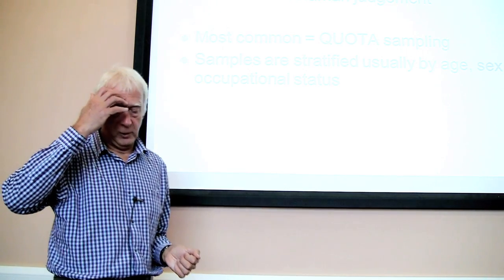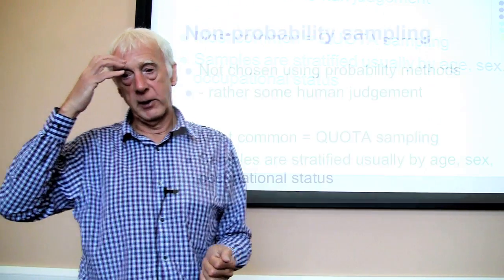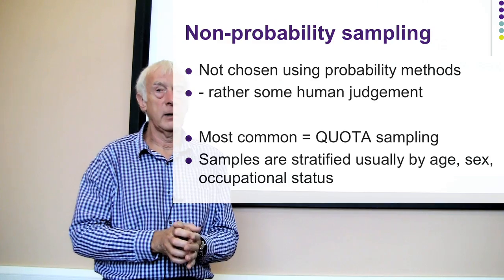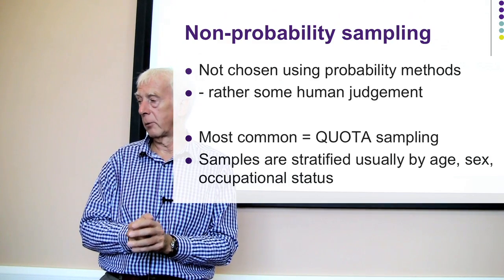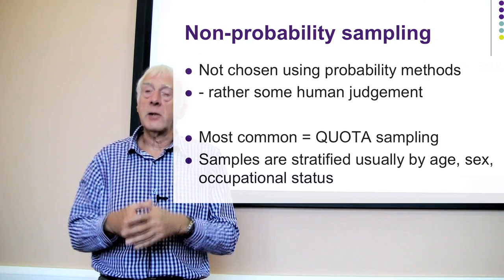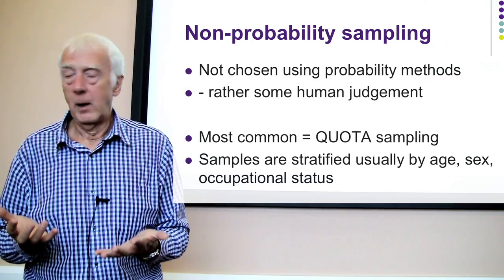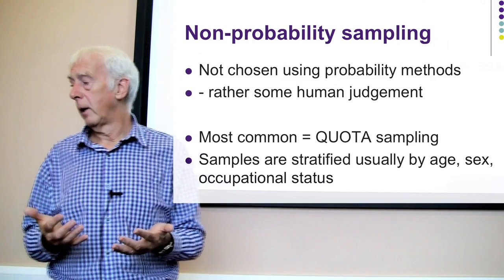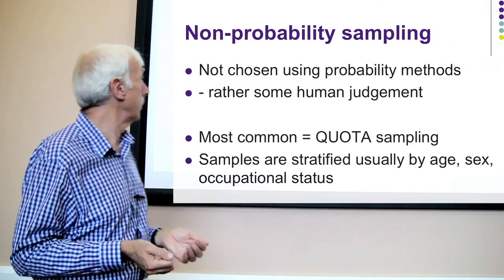Okay, let me finish with a few words about non-probability sampling. So this is what happens when you don't use random number techniques, probability methods to choose your sample, using some kind of human judgment. And I think probably the most important, the most common approach here is what's called quota sampling.